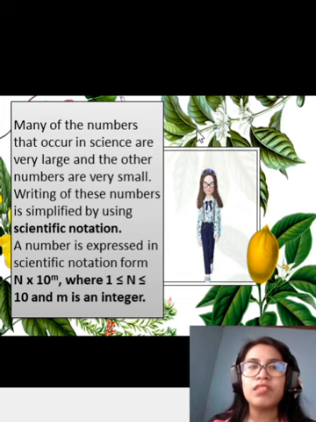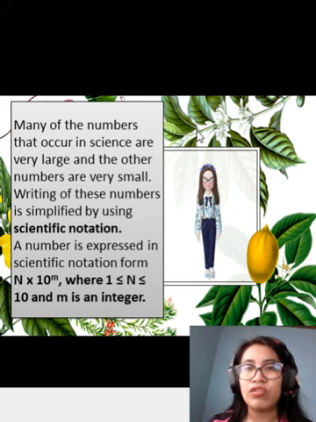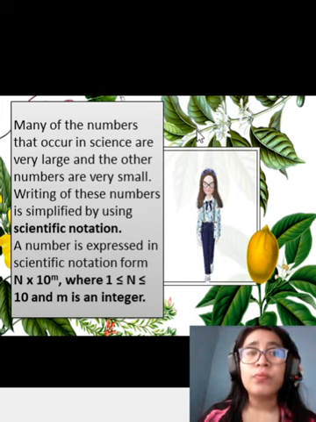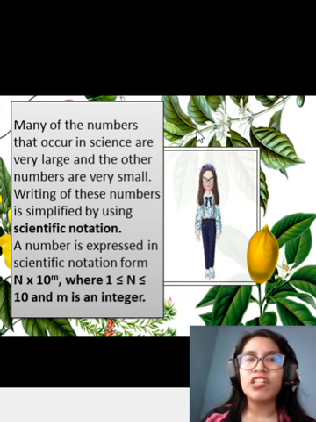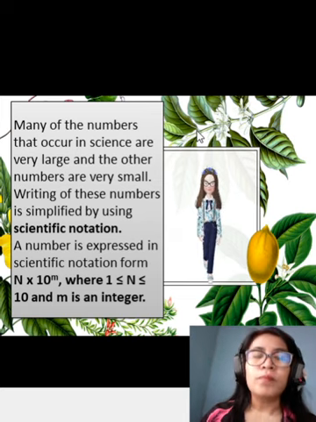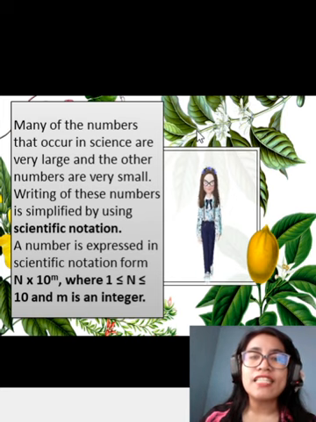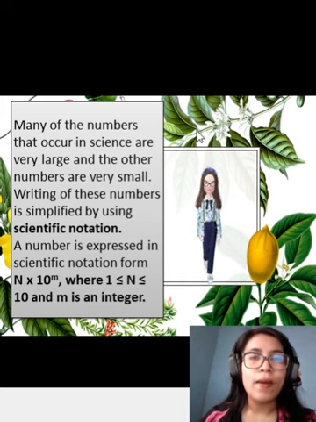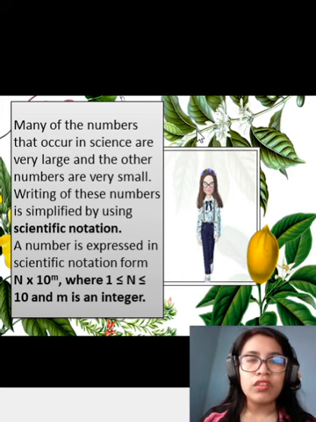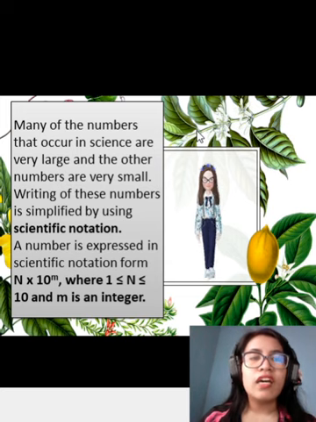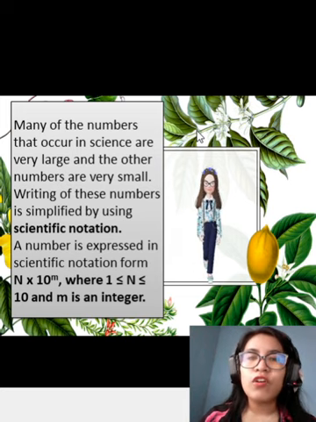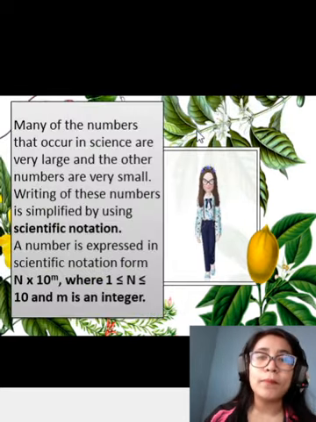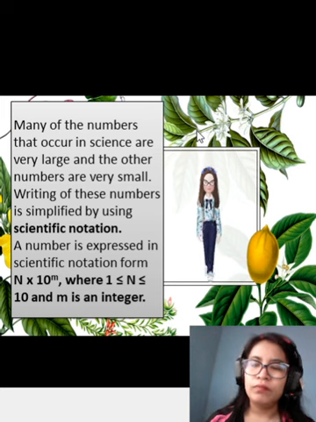Writing of these numbers is simplified by using scientific notation. That's why it is called scientific notation, because it came from the idea of science since they have very large and very small numbers. A number is expressed in scientific notation form. We have n times 10 raised to m. That m is your exponent, where there is a rule: n should be greater than or equal to 1 but less than 10, and your m is always an integer.